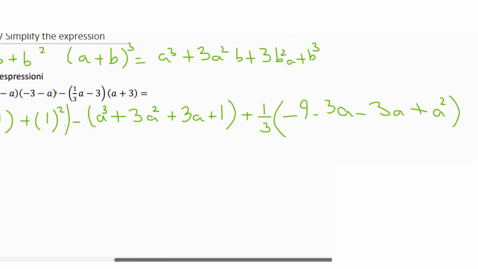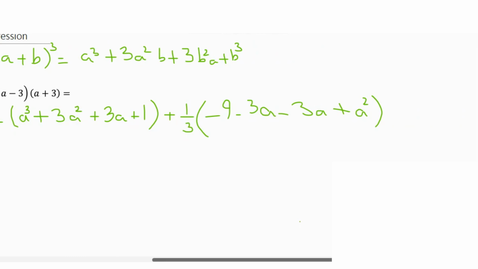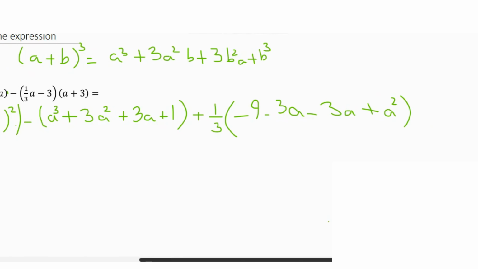And we have to do the same. We would distribute the two parentheses. So it's going to become negative one third a square plus negative one third a square.